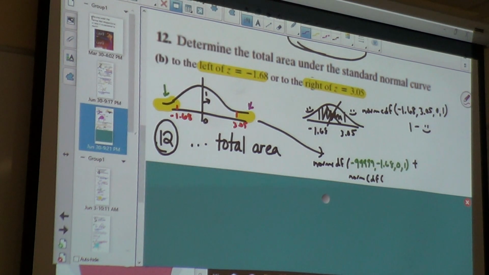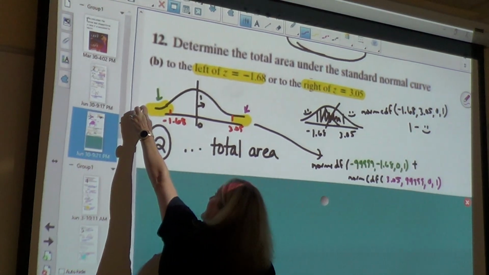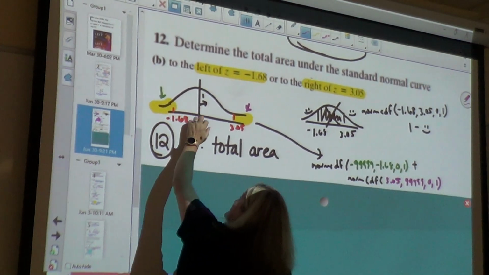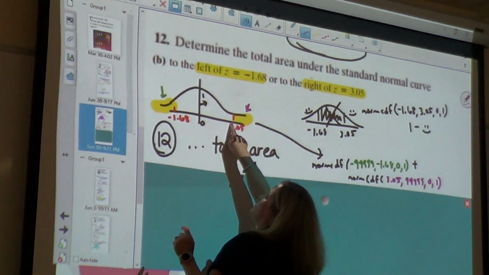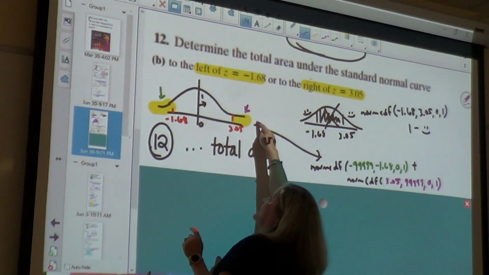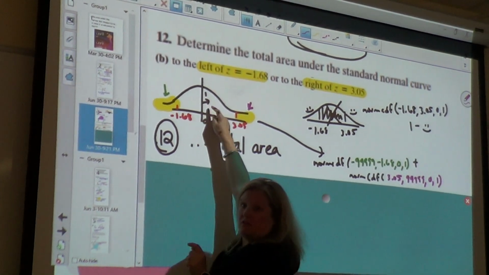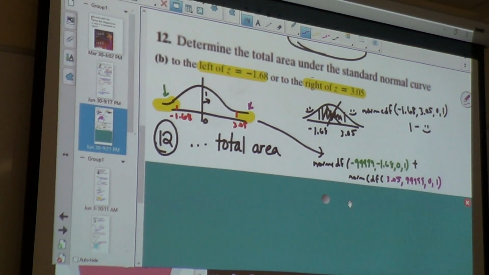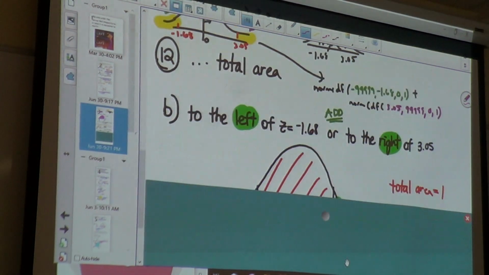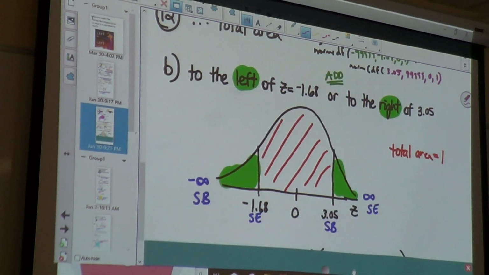What is this one? 3.05, 99999, 0 and 1. So you could do it as a two-piecer. You could say, I started at negative 99999 and went to negative 1.68 with a 0 and 1. Or, meaning either one of these make me happy, I started at 3.05, I went to positive 99999 with a 0 and 1. They're both going to give you the same answer. So if I come down, this shows me my cute little picture.